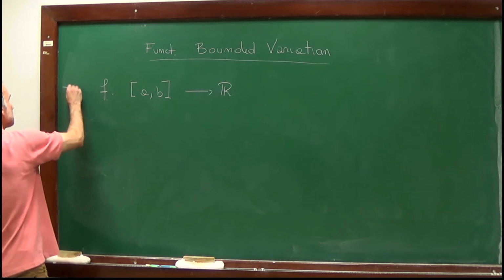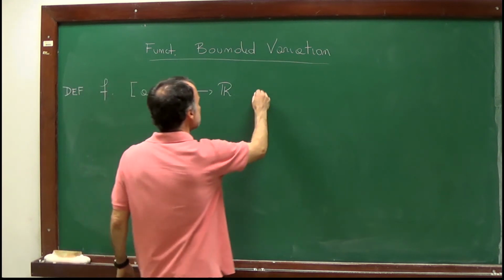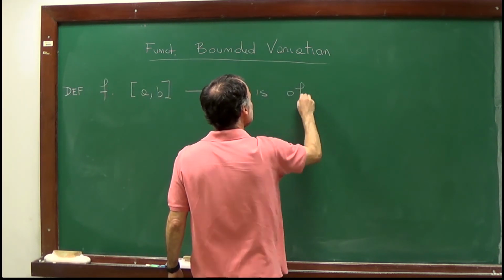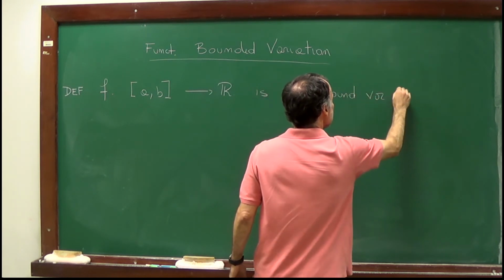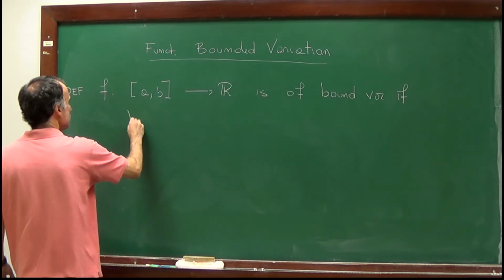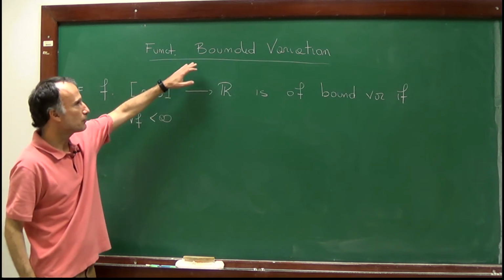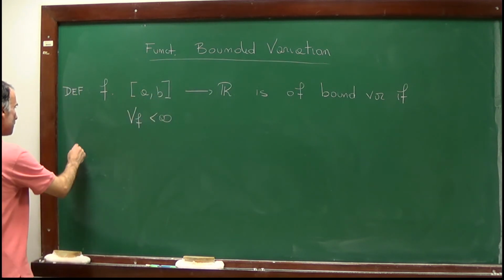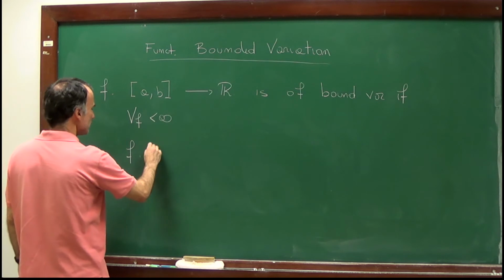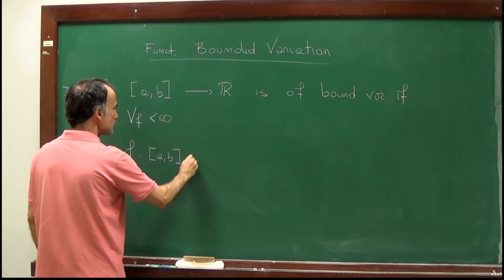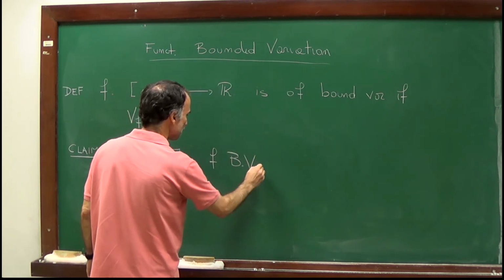So, definition: a function f defined in AB to R is of bounded variation if Vf is finite. So now we know what a function of bounded variation is, and my claim is the following: take f defined in AB, assume that f is of bounded variation, okay.